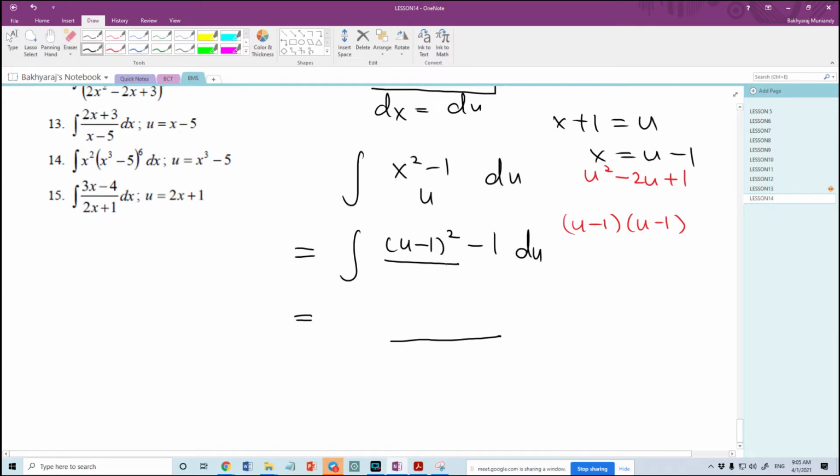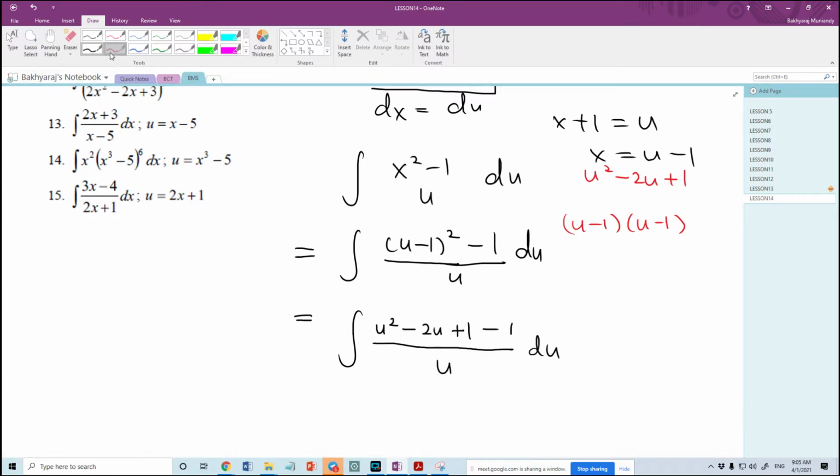Okay, so once I integrate, I get integrate u square minus 2u plus 1 minus 1 over u du. The expansion you get just now is u square minus 2u plus 1, right?